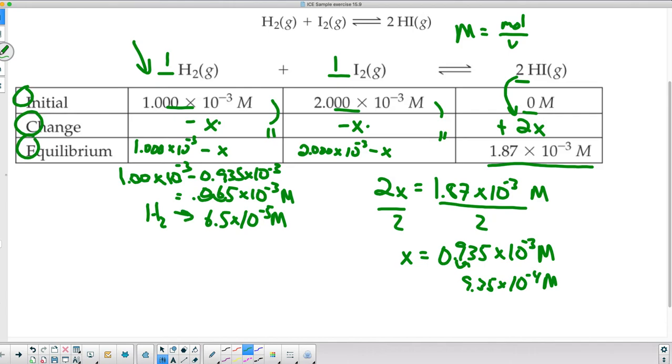Our I2 would be exactly the same thing, except here I'm going to take 1.00 times 10 to the negative third minus 0.935 times 10 to the negative third. So that means what that's going to equal then is 1.065 times 10 to the negative third.